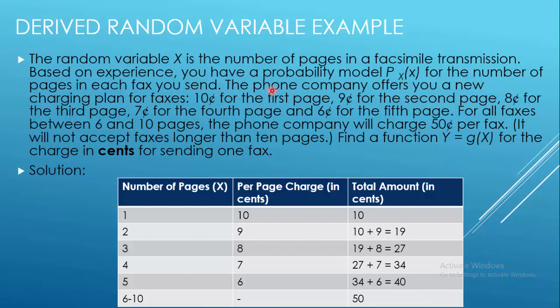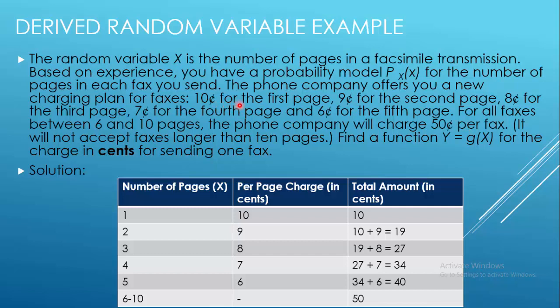The phone company offers you a new charging plan for faxes: 10 cents for the first page, 9 cents for the second page, 8 cents for the third page, 7 cents for the fourth page, and 6 cents for the fifth page. For all faxes between 6 and 10 pages, the phone company will charge 50 cents per fax. So if you send a fax which has only one page, you have to pay 10 cents.